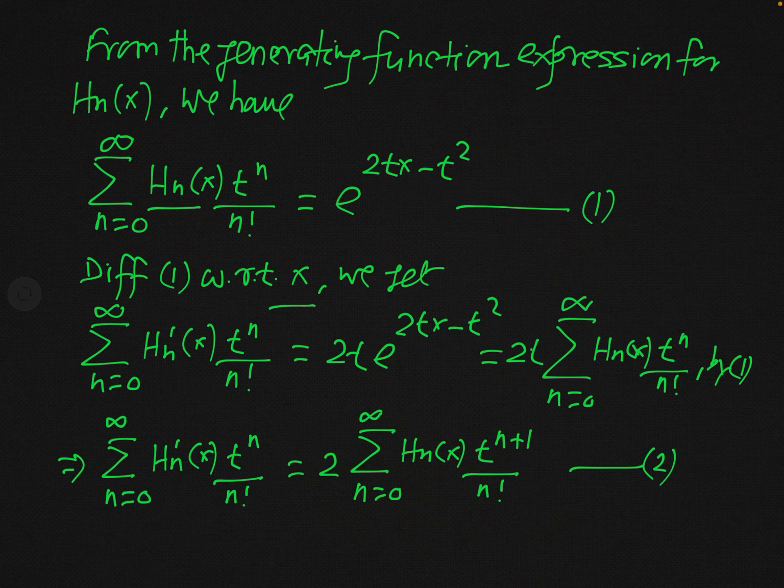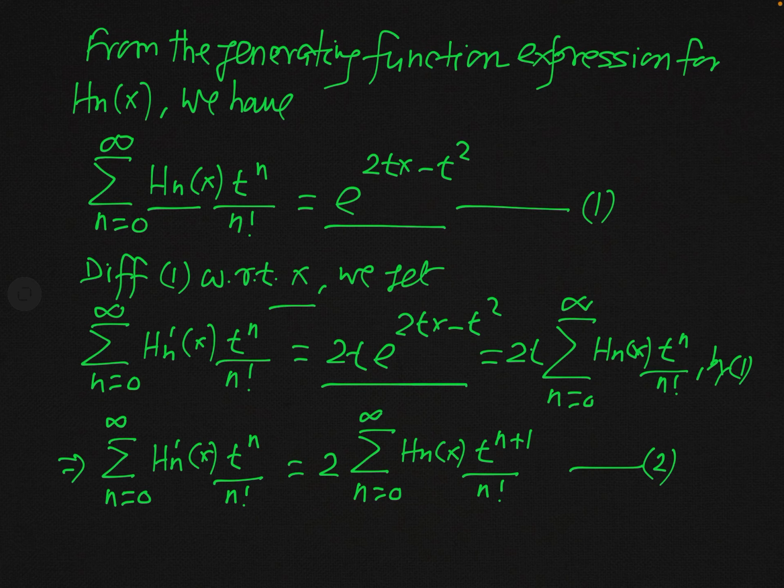And in RHS, the function is e raised to the power 2tx minus t square, and when this is differentiated with respect to x, what will be the result? You can see this will be simply 2t e raised to the power 2tx minus t square.